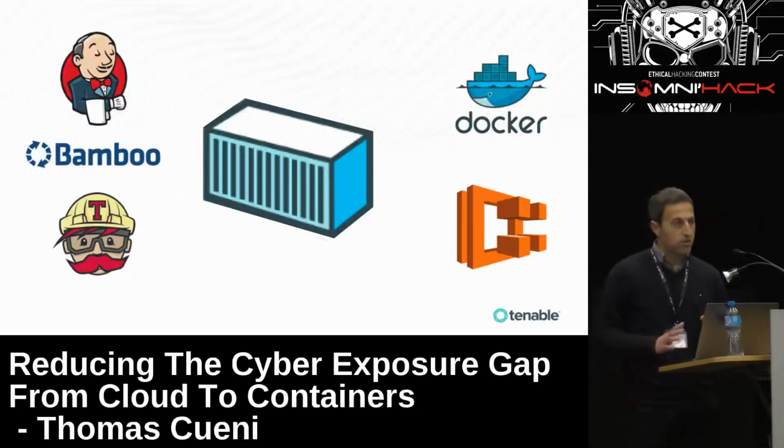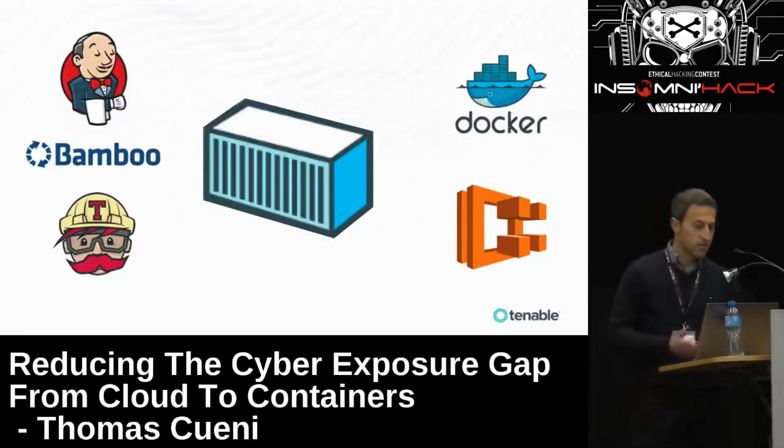And why am I showing you these logos here? I'm showing you these logos because these are the tools that developers work with. So necessarily, if we want to secure the containerized world, these are the tools we need to work with as well.